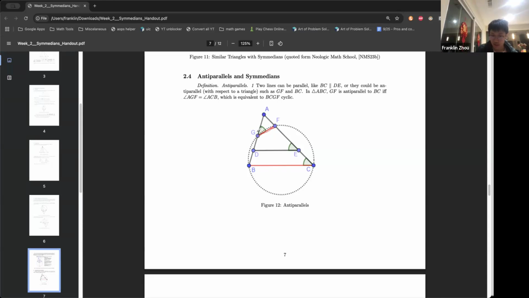Let's just call these points G and F, such that BGFC would be a cyclic quadrilateral. So for all of these lines, if you do some angle tracing, you'll find that this angle will always be constant with respect to angles A, B, and C, which means all such antiparallels will be parallel to each other.